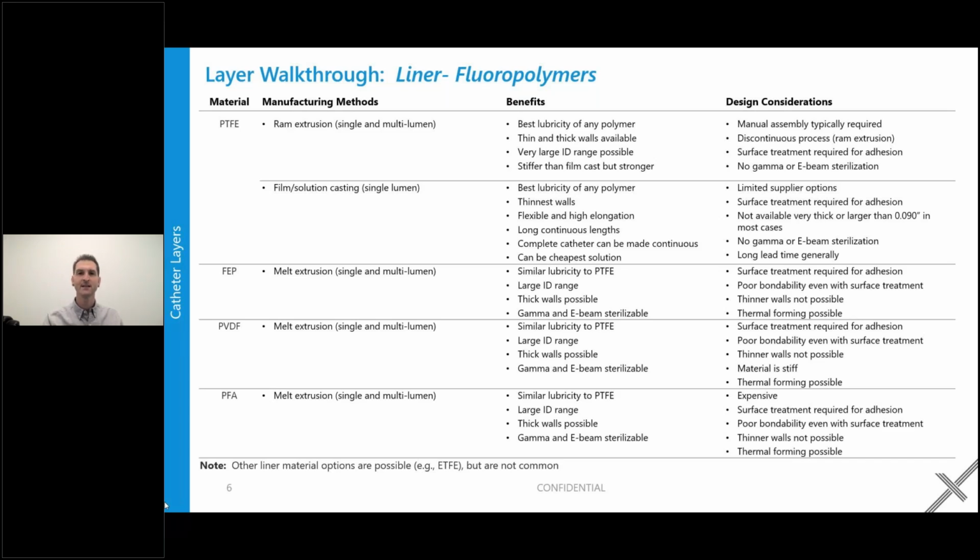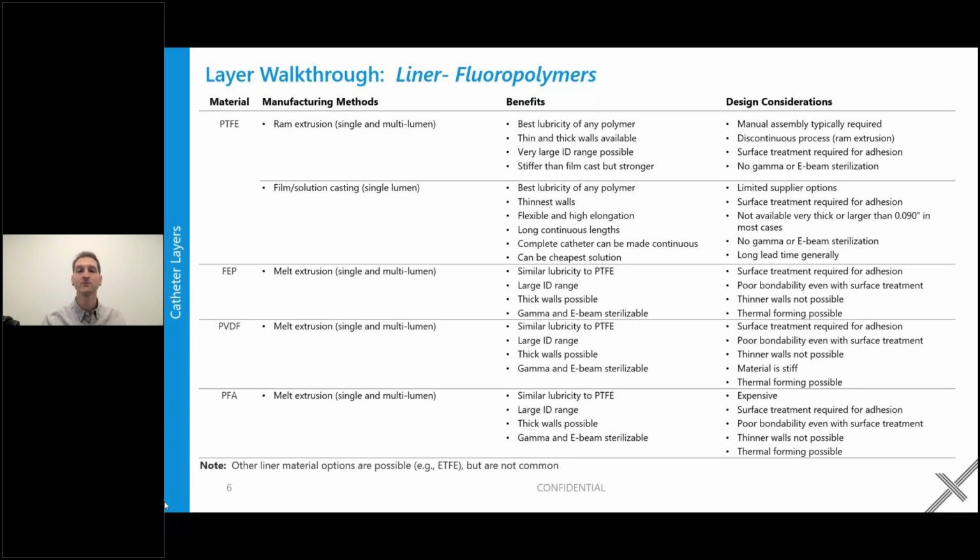Standard with PTFE is to get 1 thou wall thickness or even less, especially if we're talking about RAM extrusion, getting it down to 5/10 of a thou in wall. You can't extrude those other materials to that level of thickness. They're going to be in the 2, 3, 4 thou range.